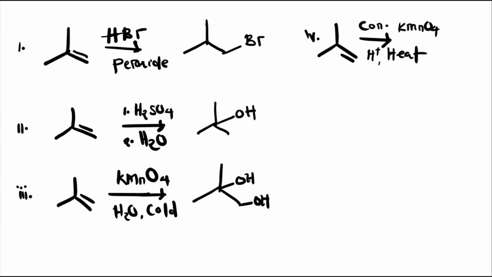When you react an alkene with concentrated potassium permanganate at high temperatures, you're going to cleave the alkene. So there's going to be cleavage here, and then this part will be a ketone.